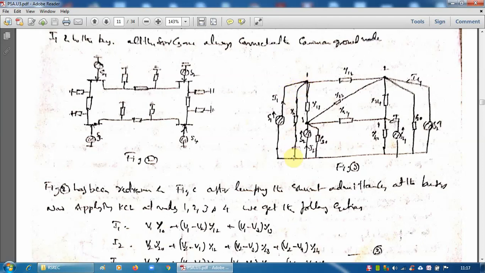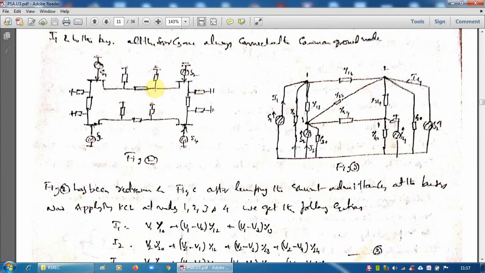Instead of marking here, it is marked at some other place. Same thing. And here also, this is another shunt admittance, the second part of the shunt admittance of line 1 2. This is also represented here.